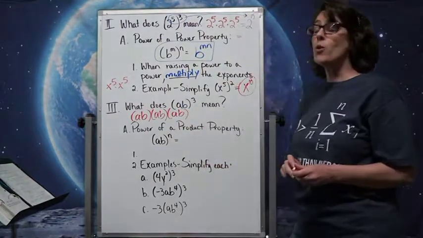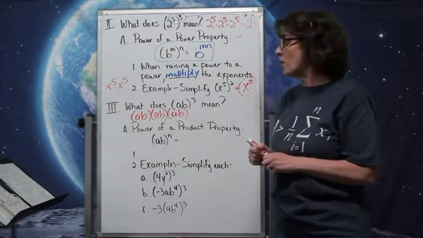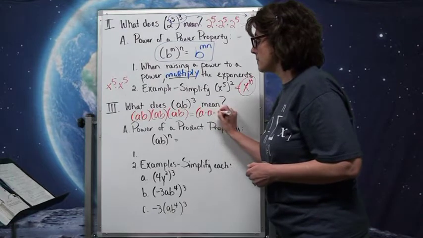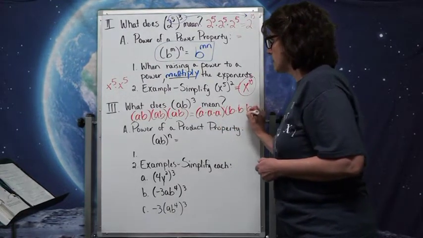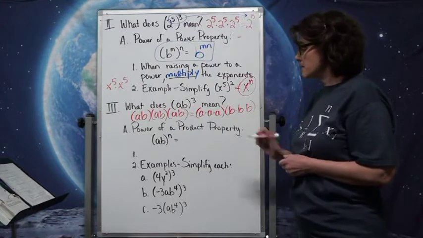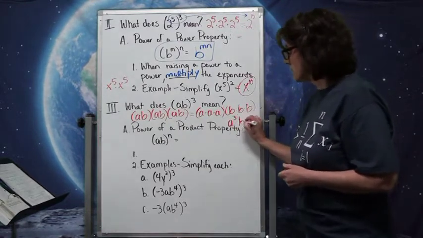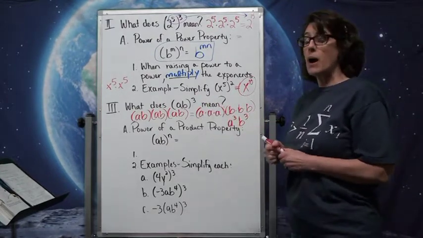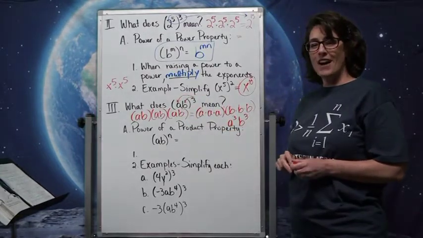And like we said before, because multiplication is commutative and associative, and I can reorder and regroup all I want, that means I can put my A's together like this, A times A times A. I can put my B's together like this, B times B times B. And A times A times A is A to the third. B times B times B is B to the third. So in other words, what I can do is I can take my power and I can distribute the power to every single factor that's inside.